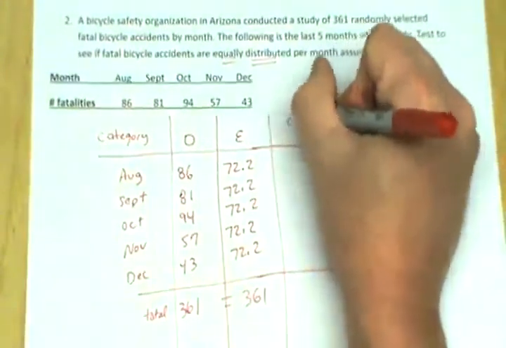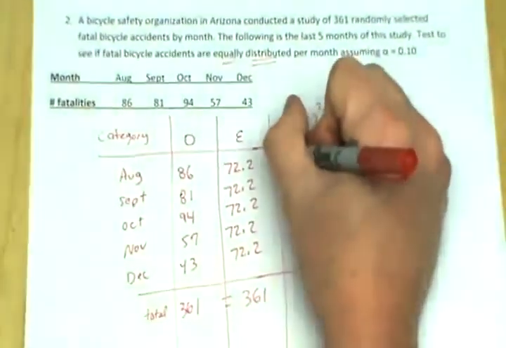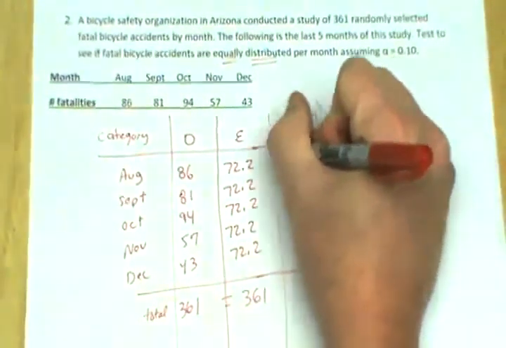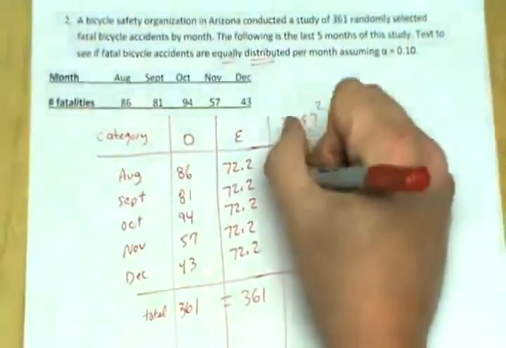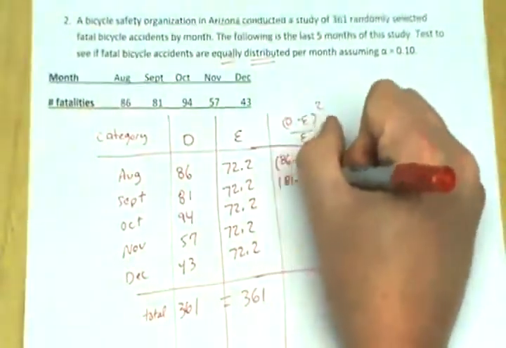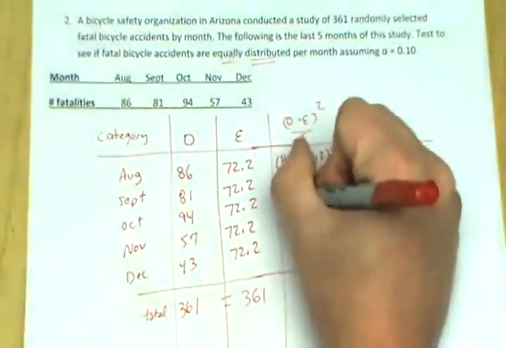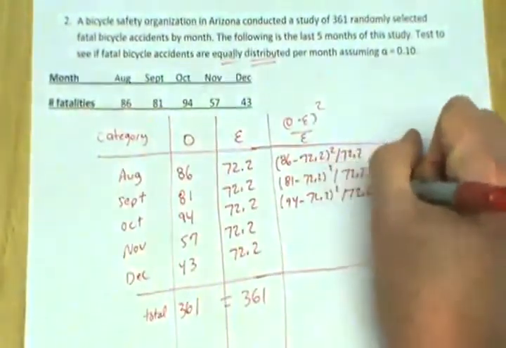To see the difference between these, we do the formula O minus E squared over E. So you're going to say observed 86 minus expected squared over expected, and we do this for each one of these.